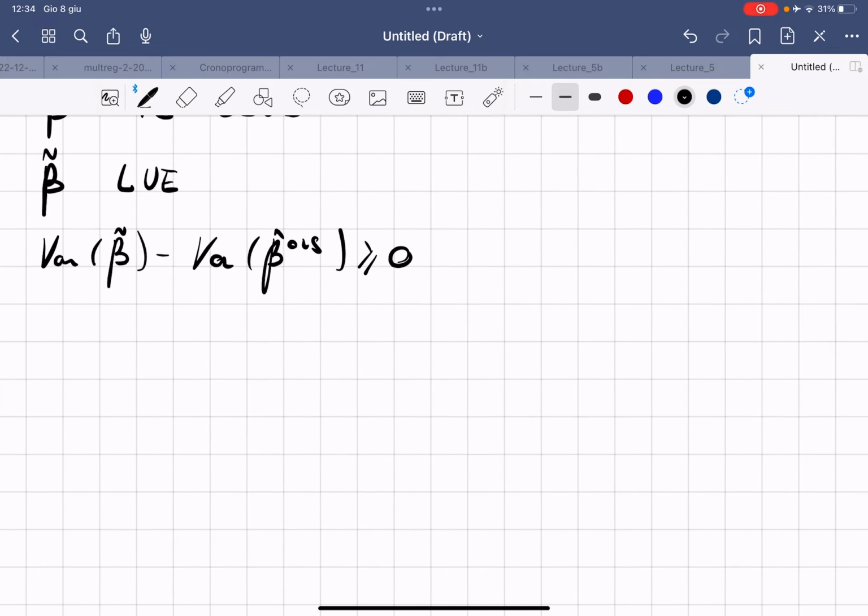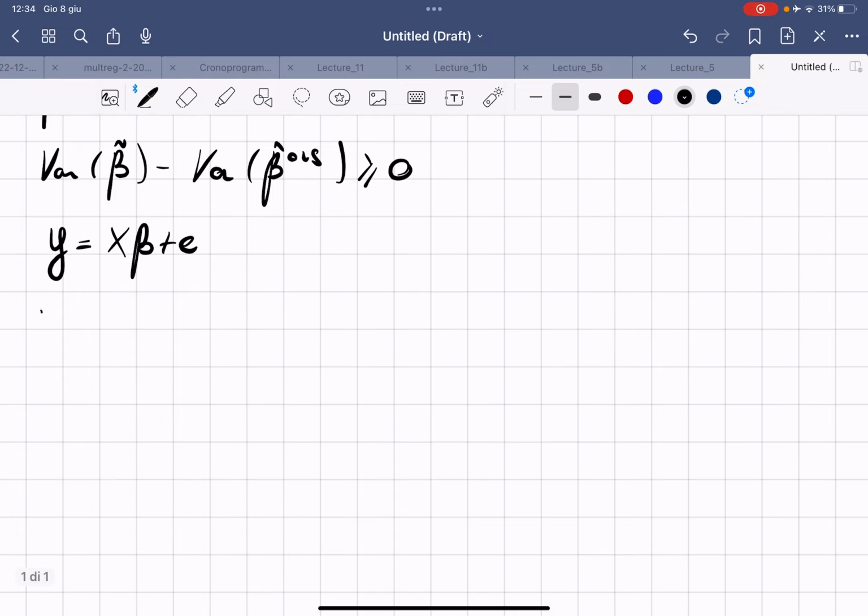So the first step is to define our estimators. For beta OLS, we must recall that we are estimating the model y equal to X beta plus e. Beta OLS is equal to X transpose X inverse times X transpose y, and beta tilde will be just equal to Ly, where L represents a generic linear estimator, so that L makes beta tilde linear.